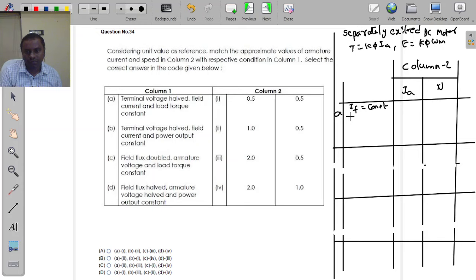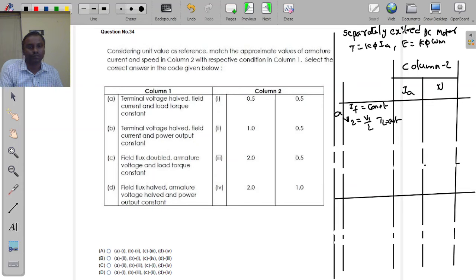Terminal voltage will be halved, meaning V2 will be half of V1, and load torque is constant.